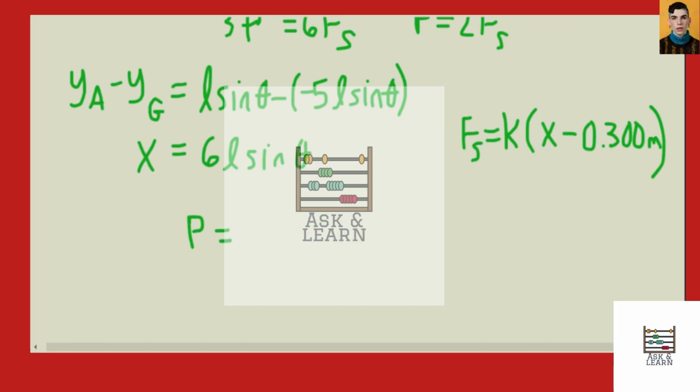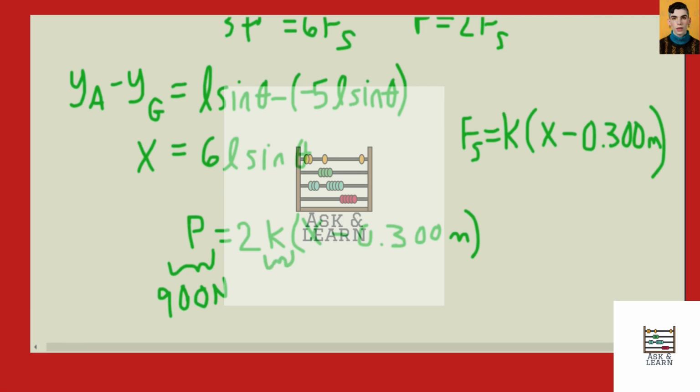P equals 2 F sub S, but F sub S is k times x minus 0.300 meters. We know that P is 900 newtons, and we know that k is 5,000 newtons per meter.